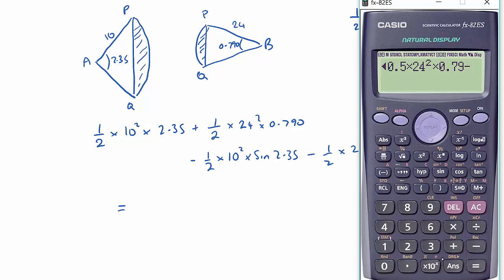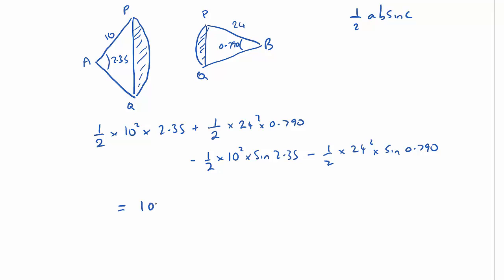Then I'm taking away 0.5 times 100 times, this time, the sine of 2.35, and we also need to take away 0.5 times 24 squared times the sine of 0.790, and that's going to give me 104.86 and so on. So we'll say that's approximately 105 square centimetres.